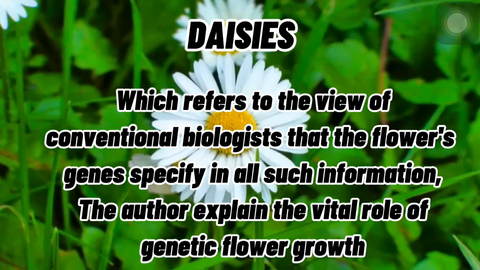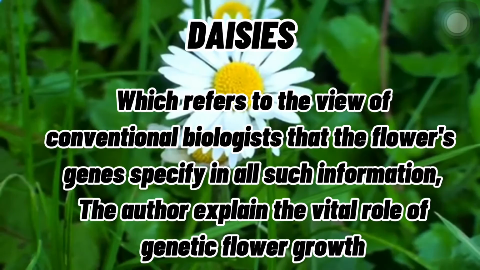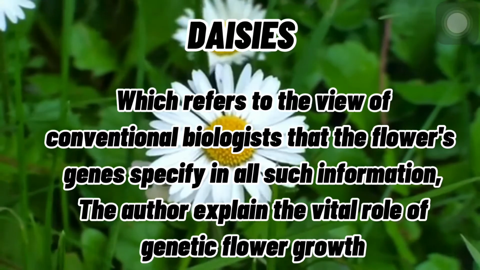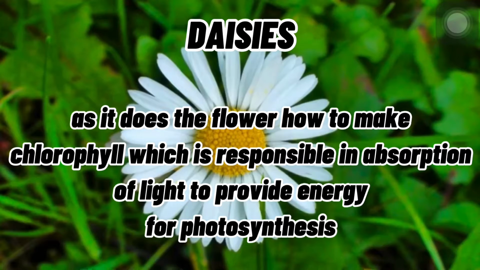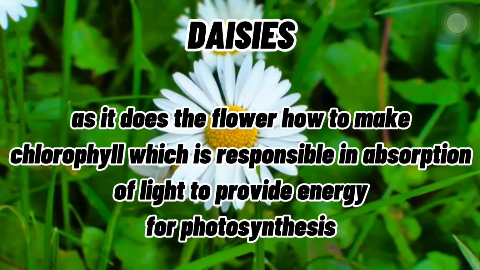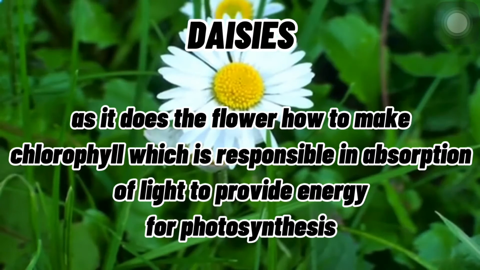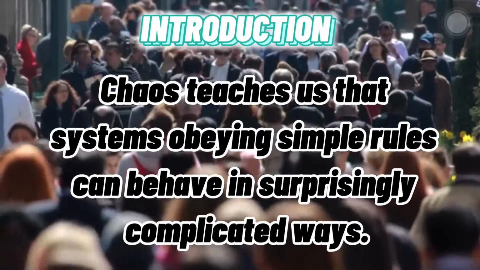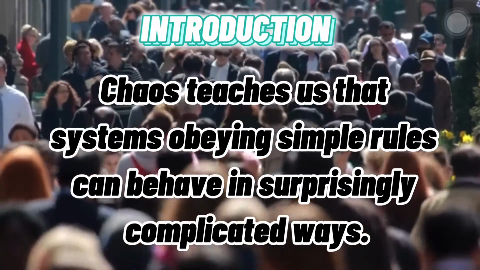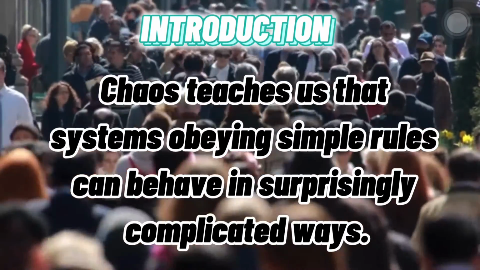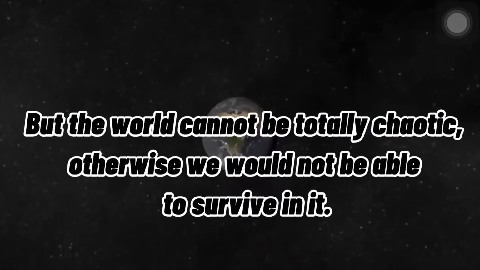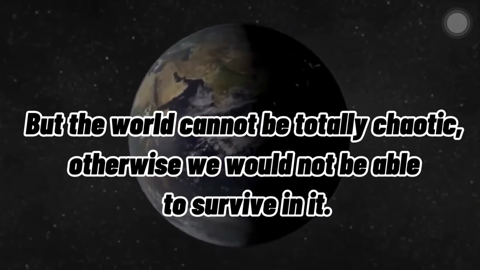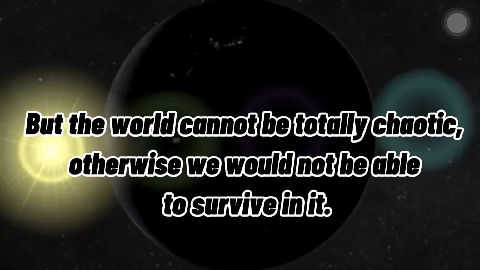Specifically, the author explained the rule of how daisy flowers grow, which is responsible for the application of light that provides energy for photosynthesis. Nature uses the system of simple rules that can behave in surprisingly complicated ways.